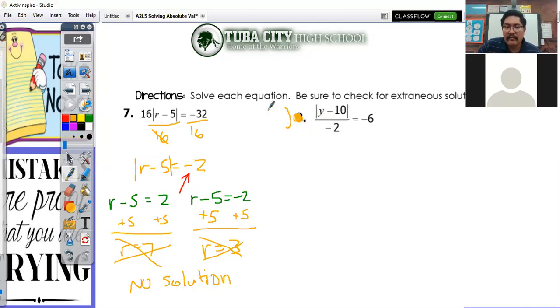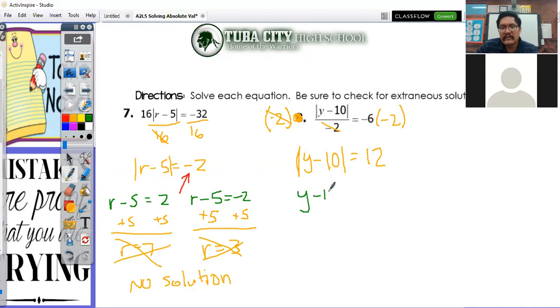I'm going to multiply both sides by negative 2, and that cancels this here on this side. So y minus 10 absolute value equals positive 12.